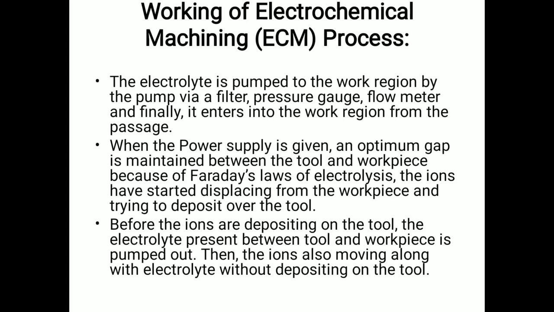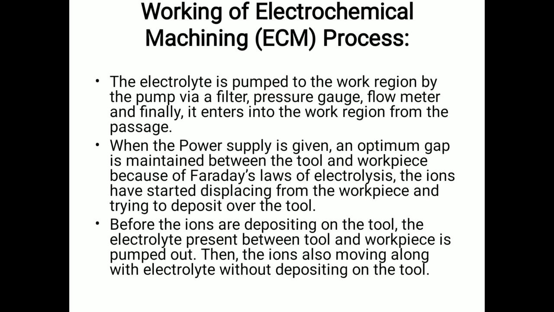The next topic is the working of the electrochemical machining process. First, the electrolyte is pumped to the work region by the pump via filter, pressure gauge, flow meter, and finally it enters into the work region from the passage. When the power supply is given, an optimum gap is maintained between the tool and workpiece.